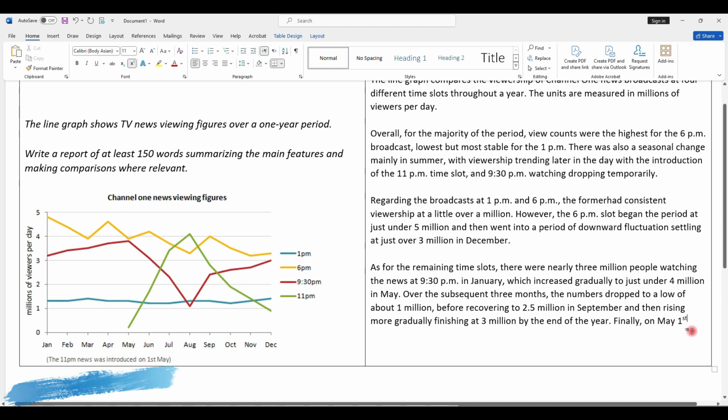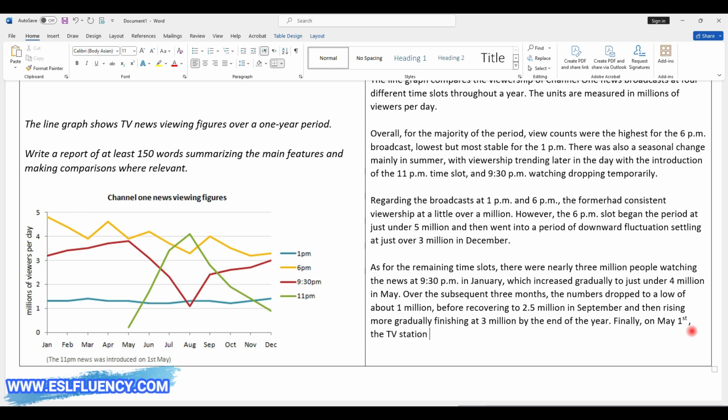Okay, it's not May the 10th, it's not early May, it's not somewhere in May, it's exactly on May the 1st. So on May the 1st, okay, the TV station added a 4th time slot for 11 p.m.